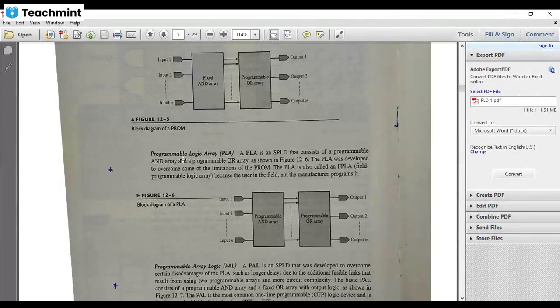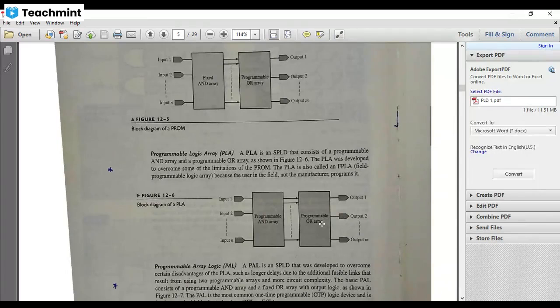Now the programmable logic array. In this programmable logic array, both the arrays are programmable. That is, the AND array is also programmable, and the OR array is also programmable.